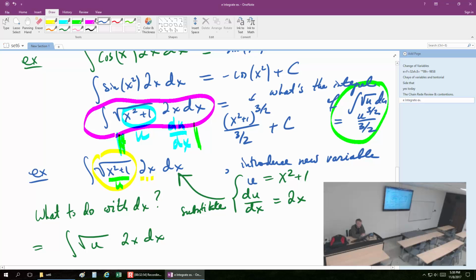And indeed, we see it right here. 2x dx is du. So that converts the integral from one with respect to x to one with respect to u, which is what we want.